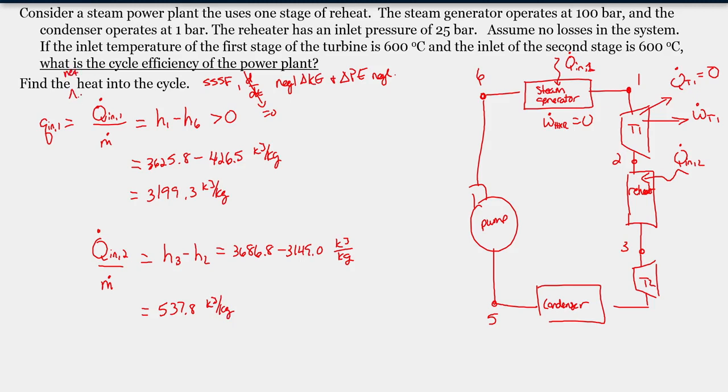in here. The net heat into the cycle, which is the sum of these two contributions, the contribution from the steam generator and the contribution from the reheater.